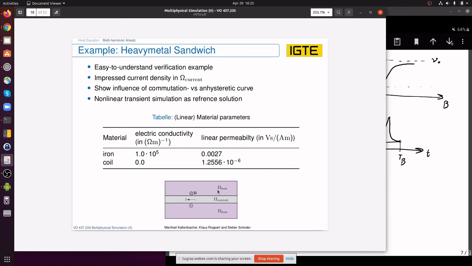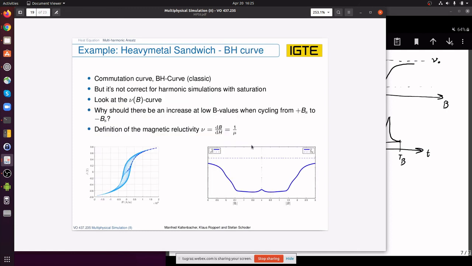And this omega iron has a BH curve, so a magnetization curve, and we're solving this in frequency domain, so with the multi-harmonic ansatz and harmonic balancing, as well as in pure time domain. So we're simulating for a very long time until we are totally sure that all transients have vanished, so we have a reference solution.